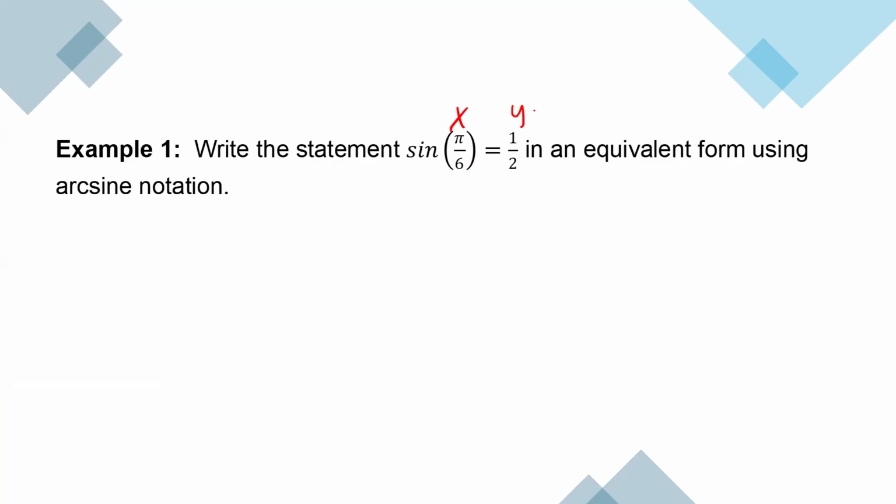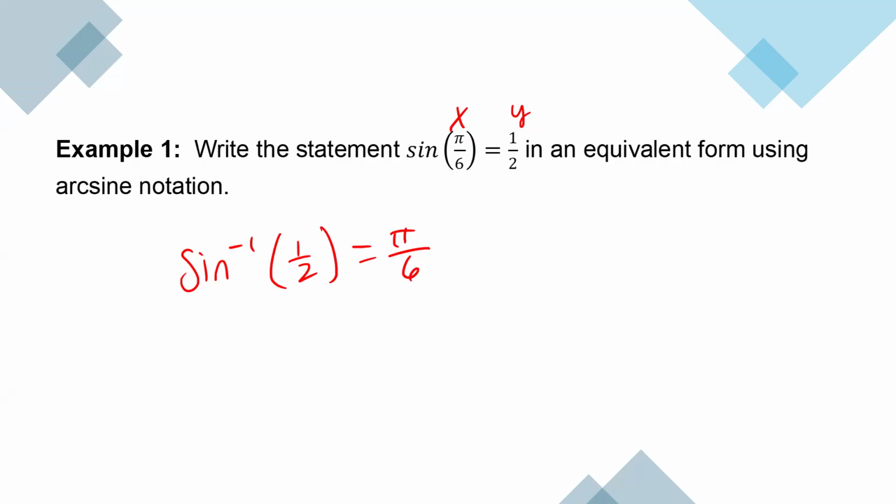So currently this is my x and this is my y. When you're writing the inverse, your input and your output are switching. So when it asks for arc sine, I'm writing sine inverse of 1/2 equals pi over 6. Does that make sense?